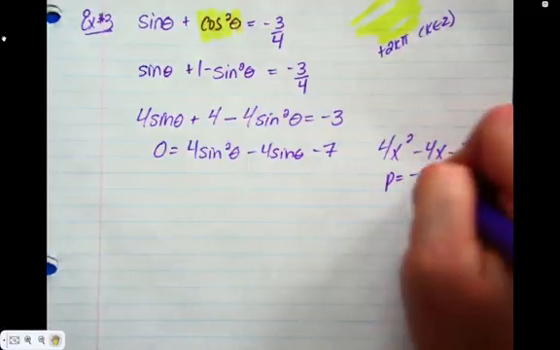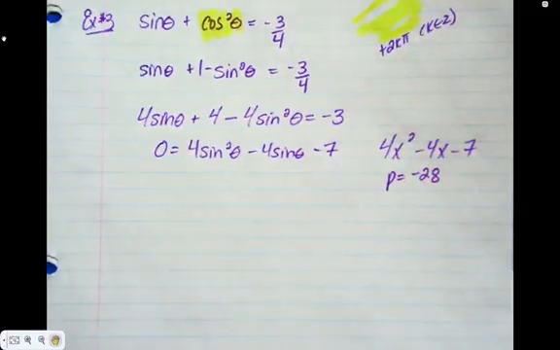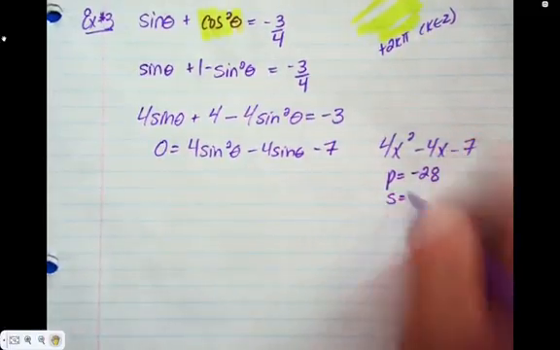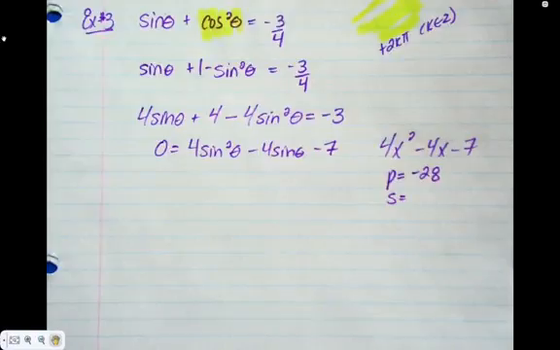Okay, so that's giving us a product of negative 28. What sum are we looking for? Negative 4 in the middle. So we have to find the numbers that multiply to give us 28 and add or subtract to give us negative 4.